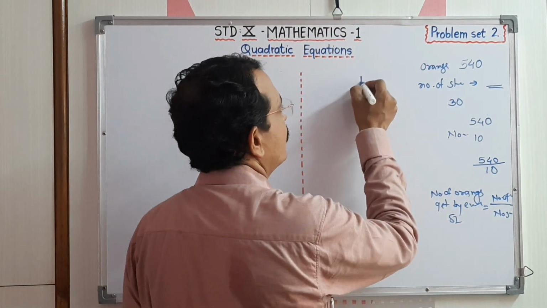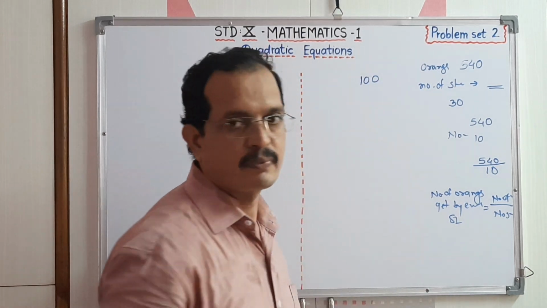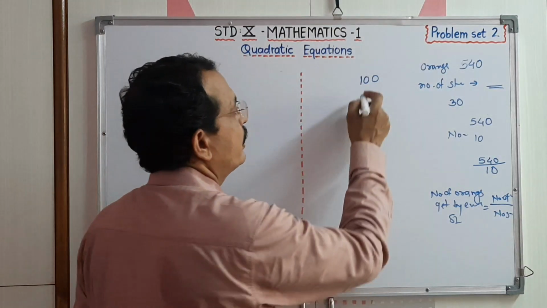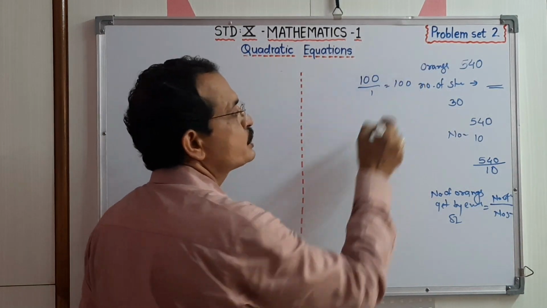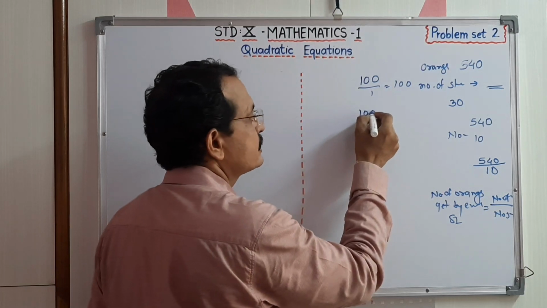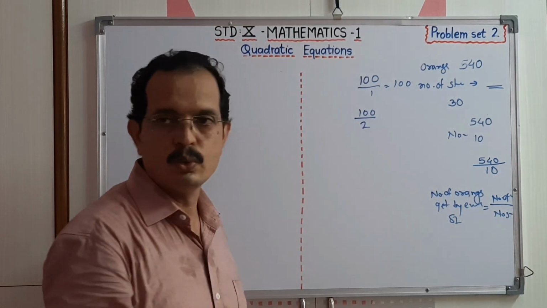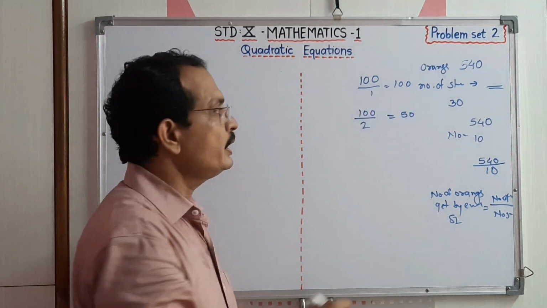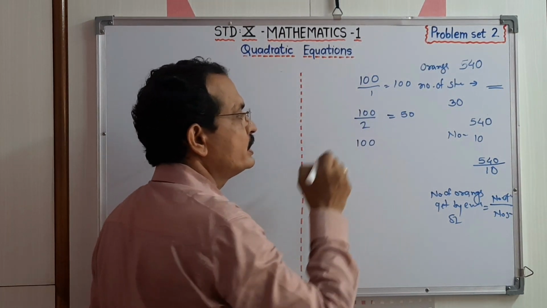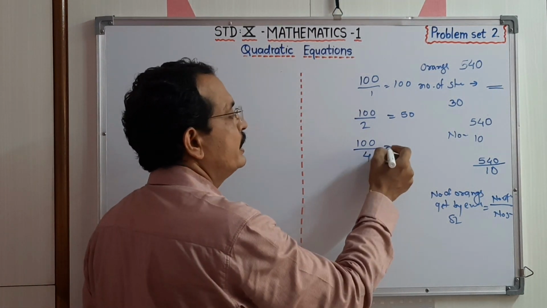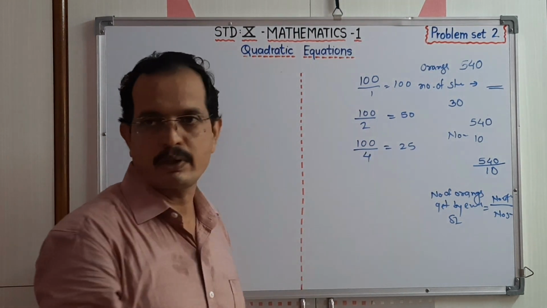Suppose there are 100 oranges and one student, then 100 upon 1 is 100, each student will get 100 oranges. If there are 100 oranges and 2 students, each student will get 50 oranges. If students are 4, each student will get 25 oranges.